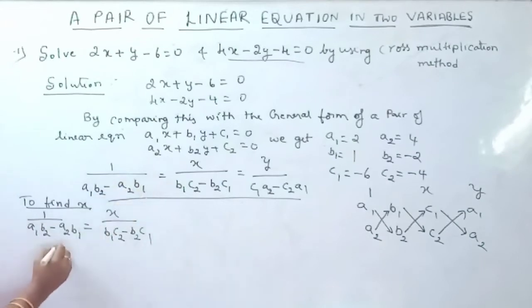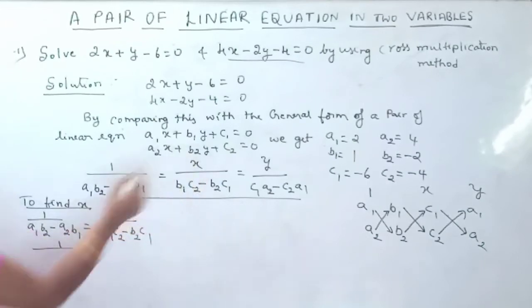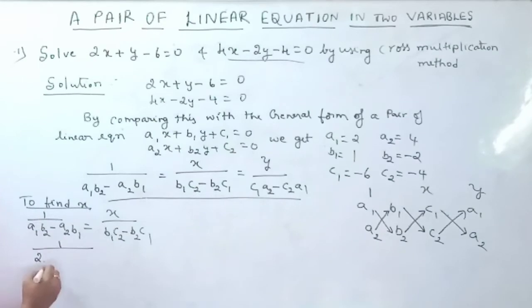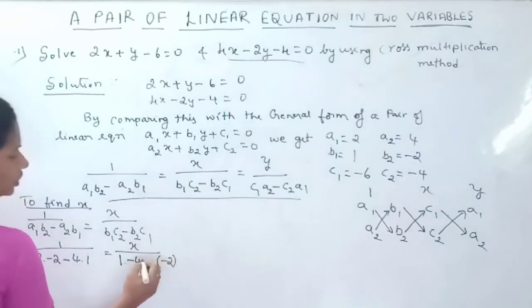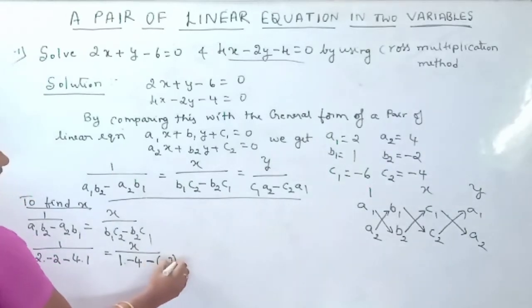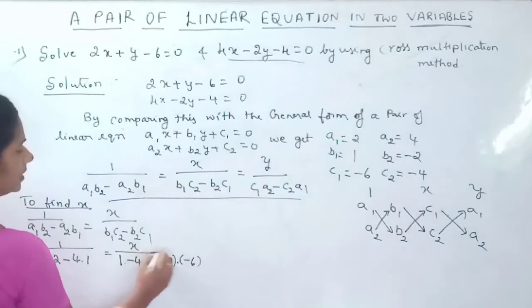Now just substitute the values. 1, A1 value is 2, B2 value is minus 2, minus A2 value it is 4, B1 value it is 1, equal to x divided by B1 value is 1, C2 value substitute it is minus 4, minus B2, write in a bracket, children, minus 2 into C1 value is minus 6.